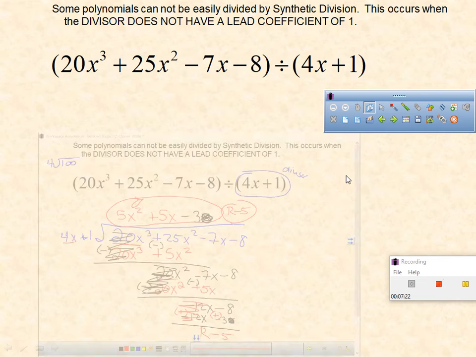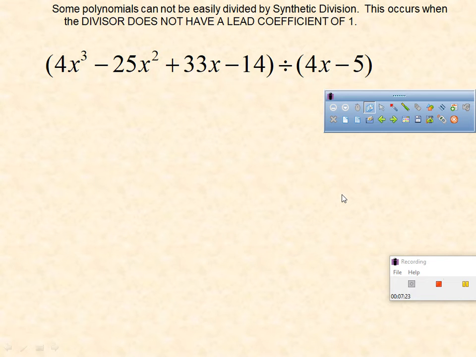All right, so here's the last one we'll do. We have 4x cubed minus 25x squared plus 33x minus 14, divided by 4x minus 5. And again, it won't be a surprise on the test. It will clearly say to divide with long division, so you'll know that you need to do long division for it.